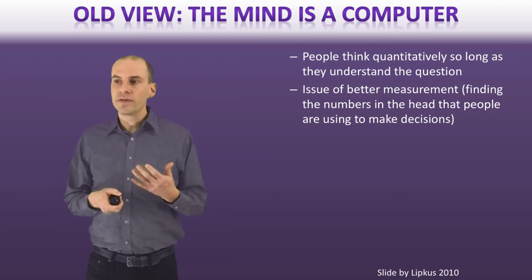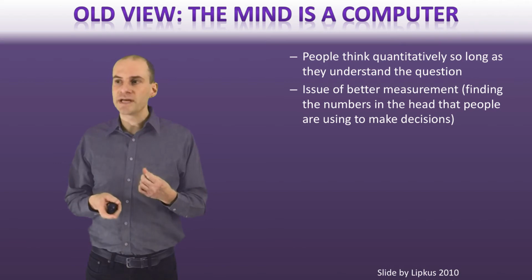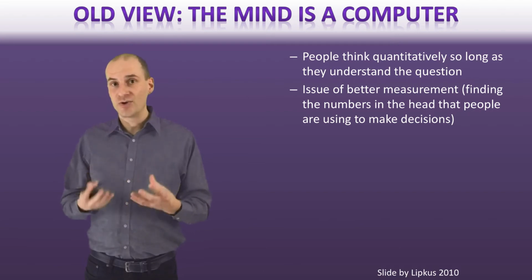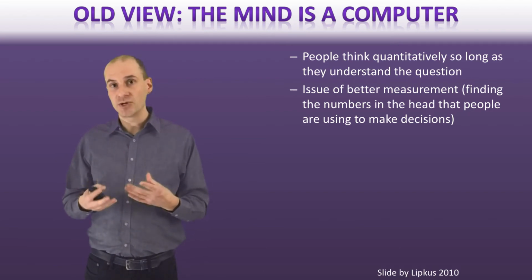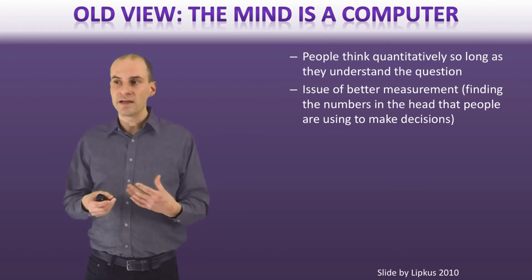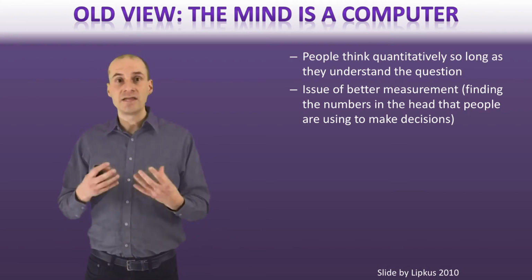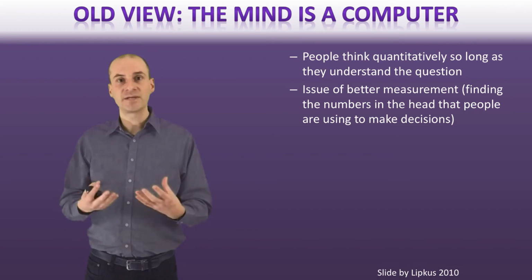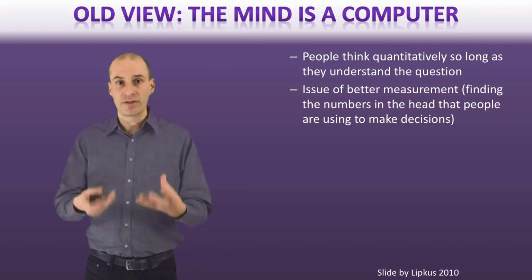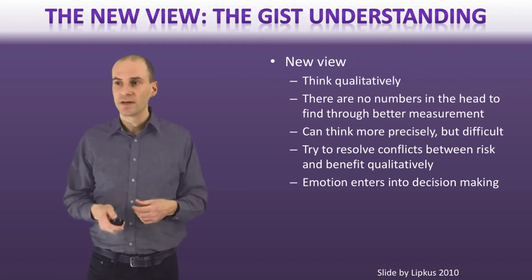The hope is that you would have a good ability to measure and understand how people are responding to this information. Trying to get that number into their head so that they can make those decisions is one of the main goals of public health communication strategies.